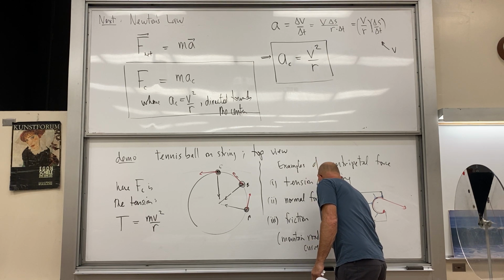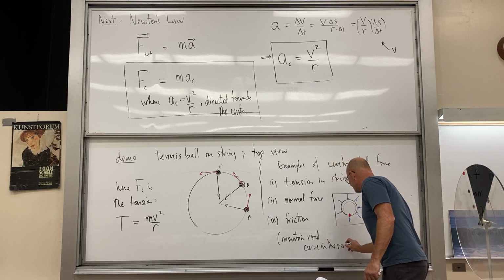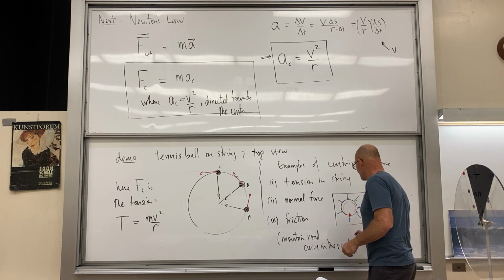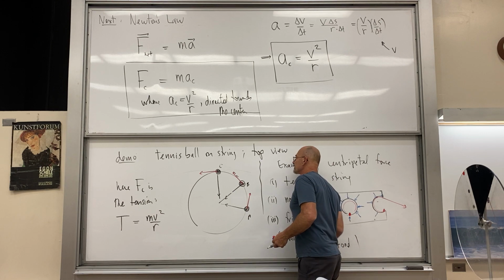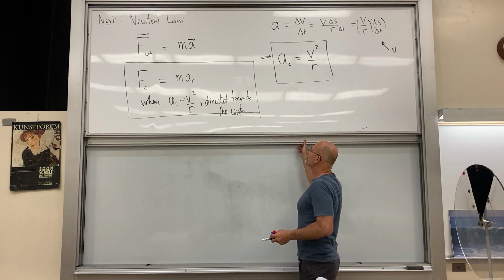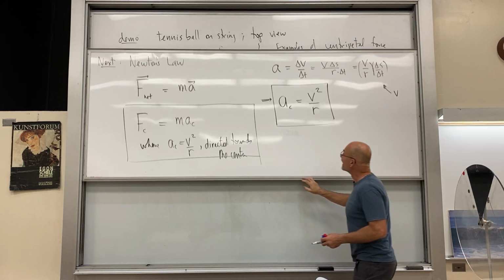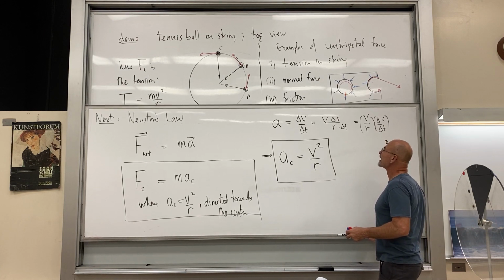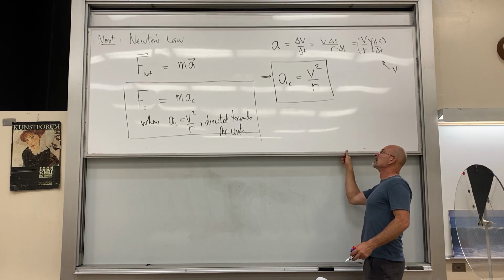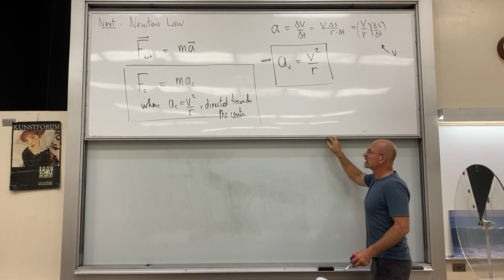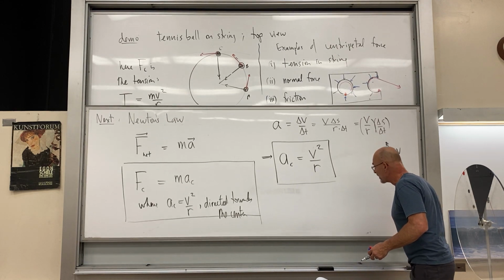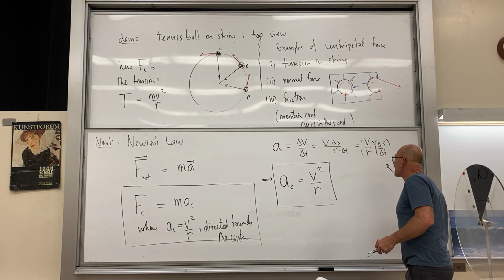Curve in the road. It doesn't have to be in the mountains. Any old curve will do. Okay. Now this is where the generality of our construction comes into play.